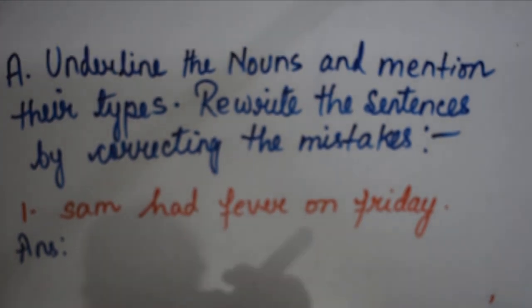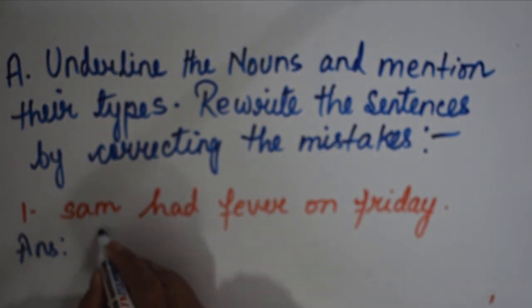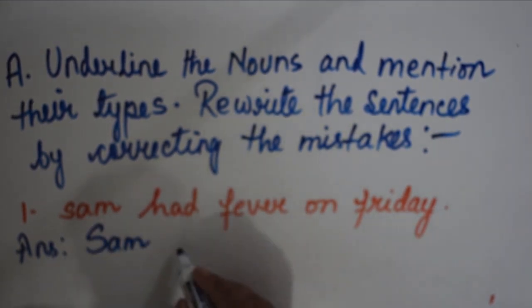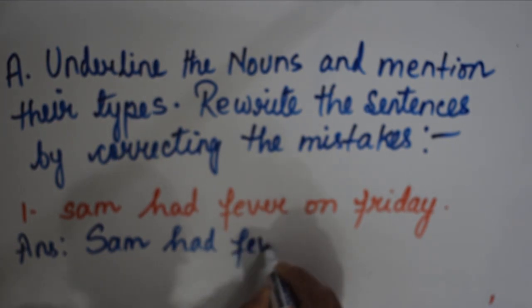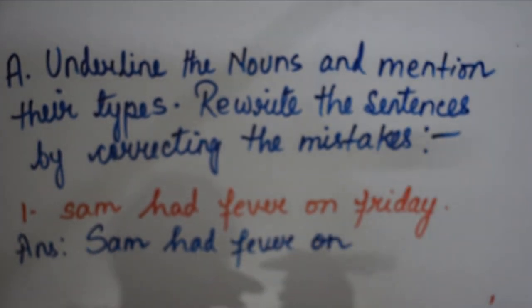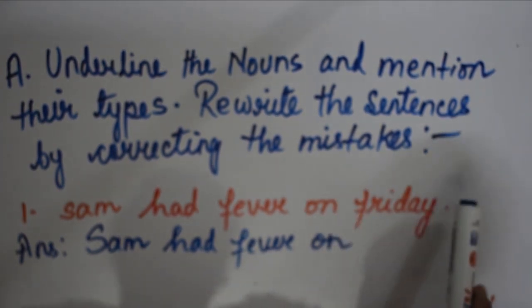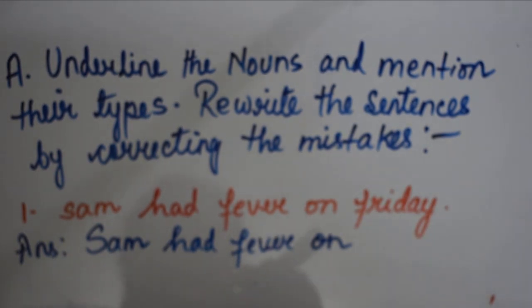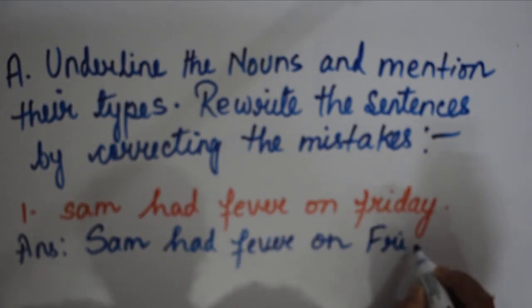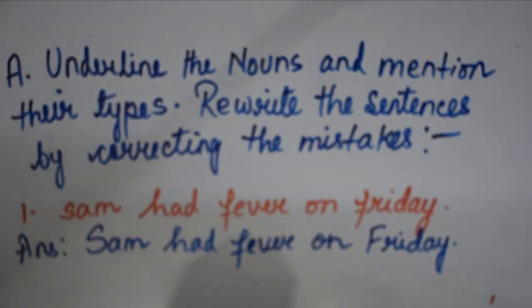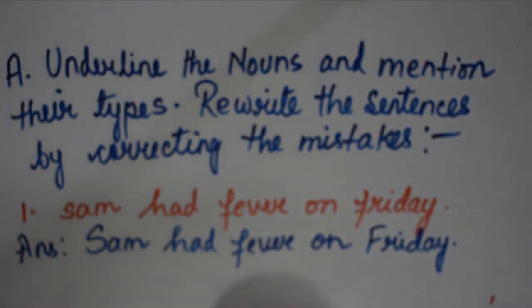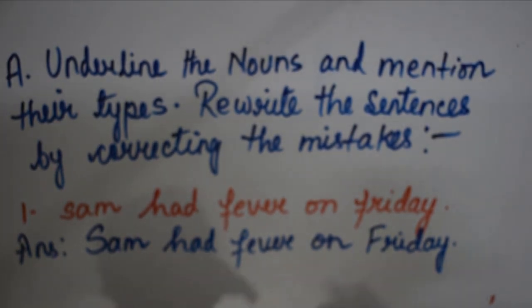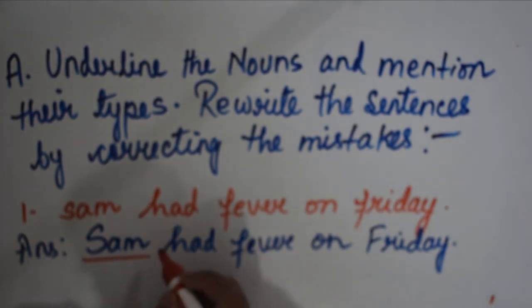As I told you in my first video, proper nouns should always be written in capital letters, so it will be capital S. Sam had fever on, and Friday is the name of one particular day in a week, so Friday will also be written with a capital F. Once you have rewritten the sentence, you can underline the noun Sam and mention the type as proper noun.